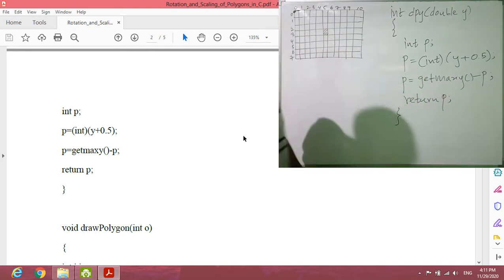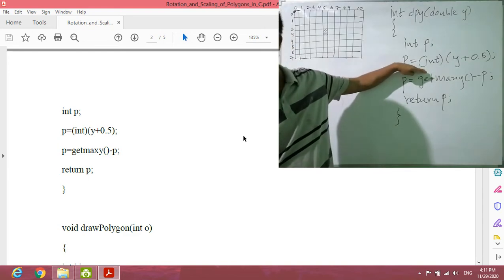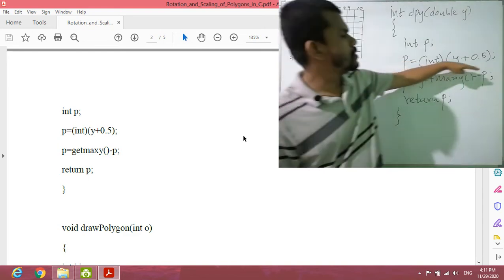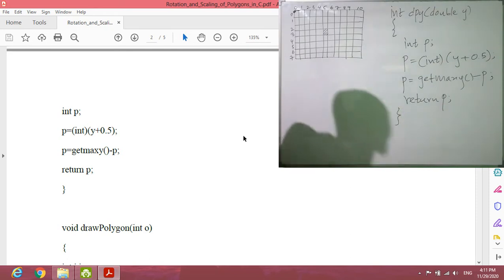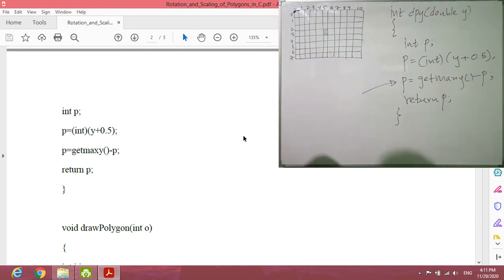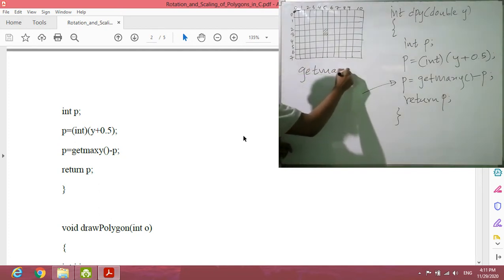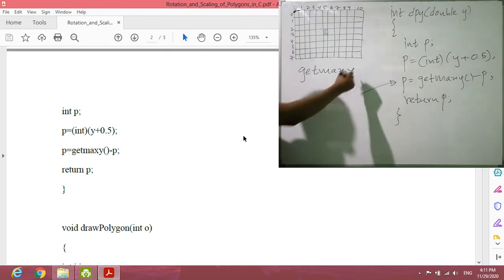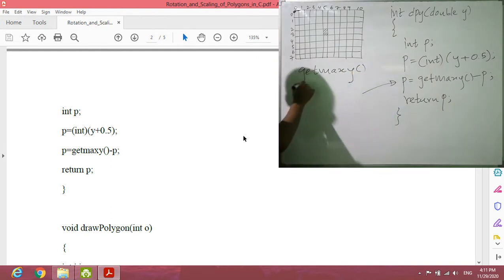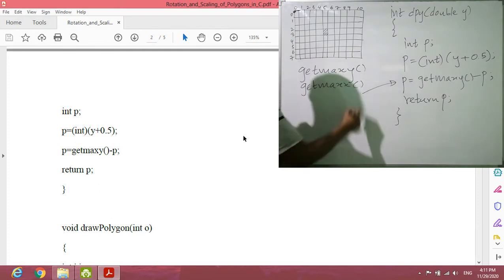Okay, so up to this part it is clear to you. What is the purpose of this part? Here the getmaxy function, and also there is another function, getmaxx.